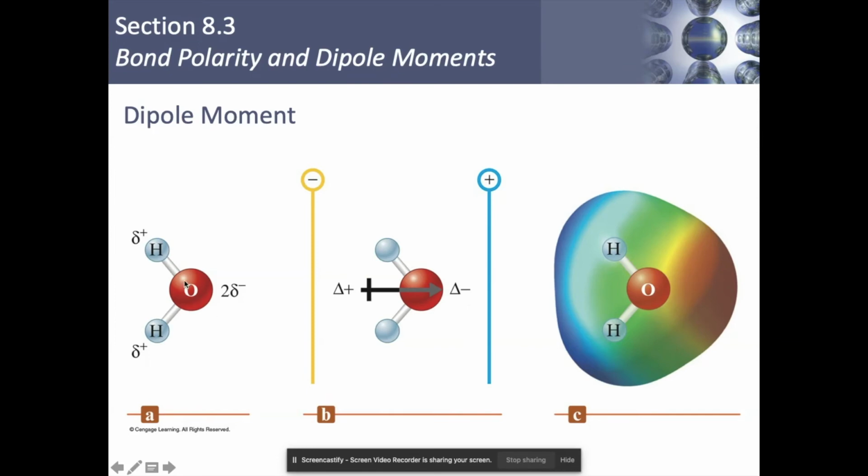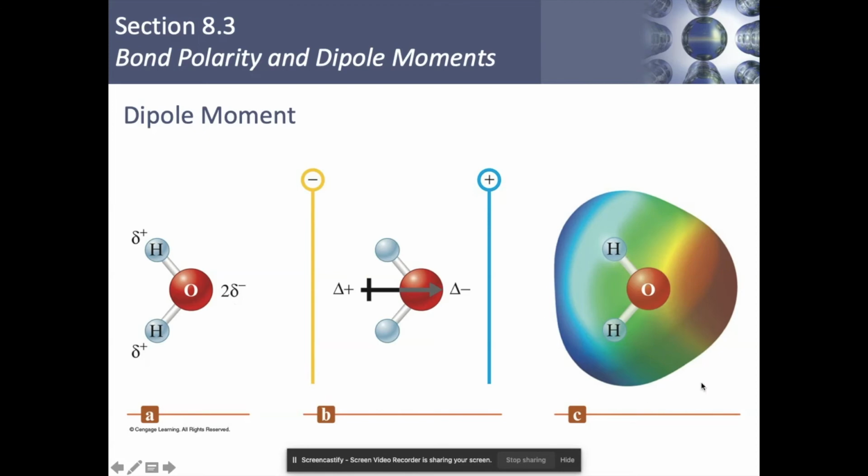There are multiple ways of depicting dipole moments. This one in the middle is the most common, but you can also just put a delta positive on the side or a delta negative on the side, to show which part would be your positively charged area and which part would be your negatively charged area.